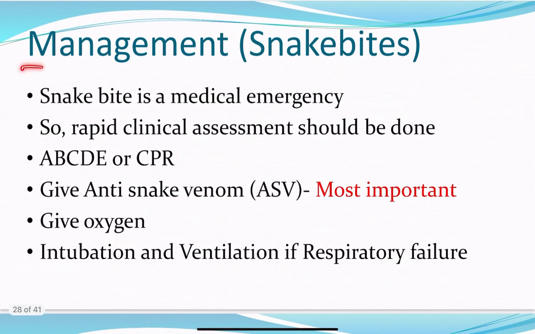Now on to the management of snake bites. Snake bite is a medical emergency, so we need to rapidly assess the patient, looking at airway, breathing, circulation, disability, exposure. If there is absence of pulse or breathing, then you may need to provide CPR. Give anti-snake venom, it is the most important step. Give oxygen. And if the patient is not breathing well, then you might need to intubate the patient.